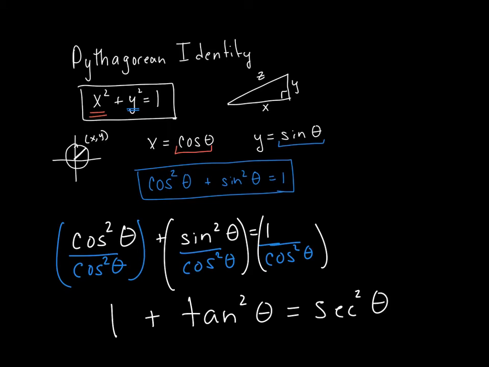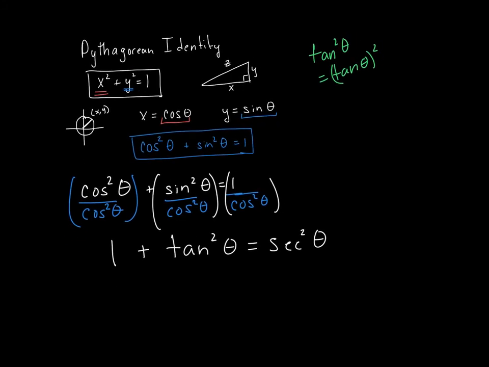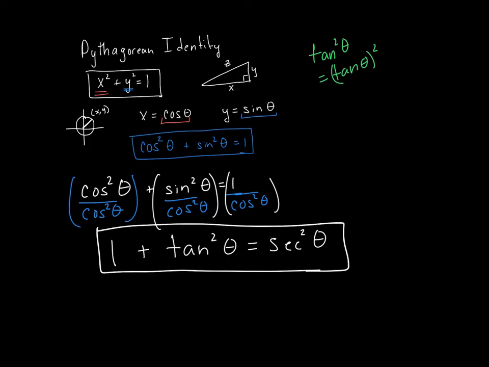Now, one note that's really important here: when I say any of the trig functions, tangent squared of theta, what that means is the quantity of tangent theta squared, not the angle itself squared. Now, I can do the same thing again and get the next identity, only the next time I would divide through by the sine squared.